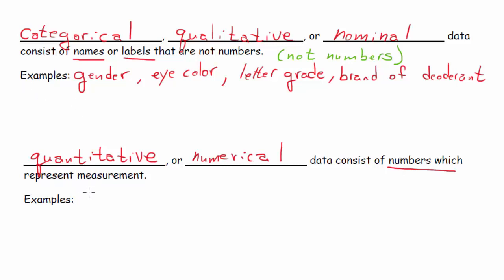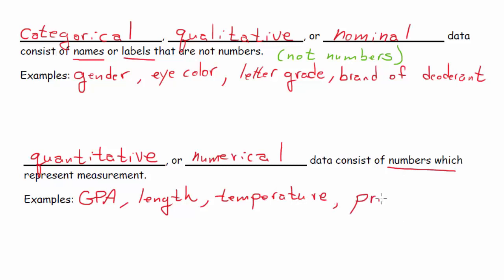So you can think about GPA. GPA is a number, whereas letter grade was a category. Another example is length. All right, when you measure something, you're finding a number. The temperature, or perhaps a price. All of these are going to be numeric quantities or quantitative.